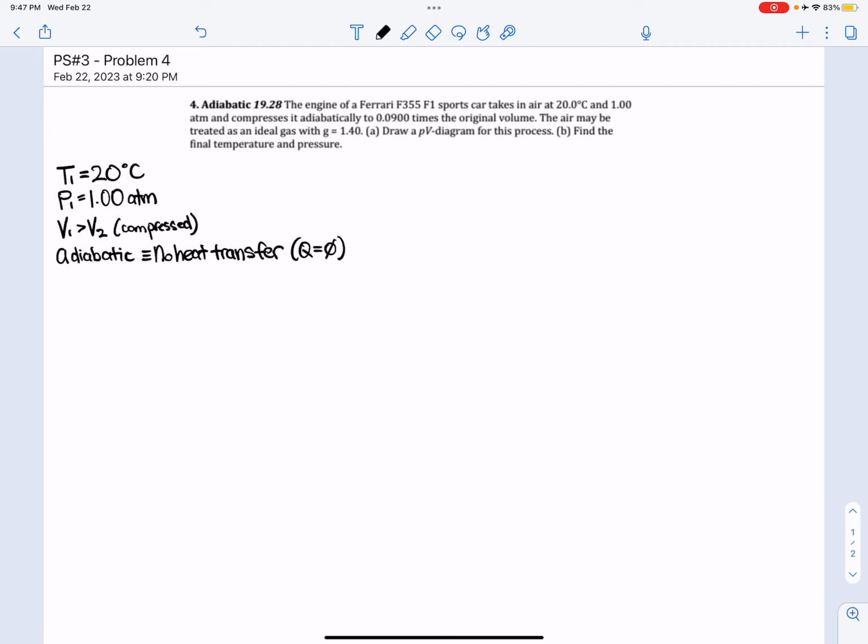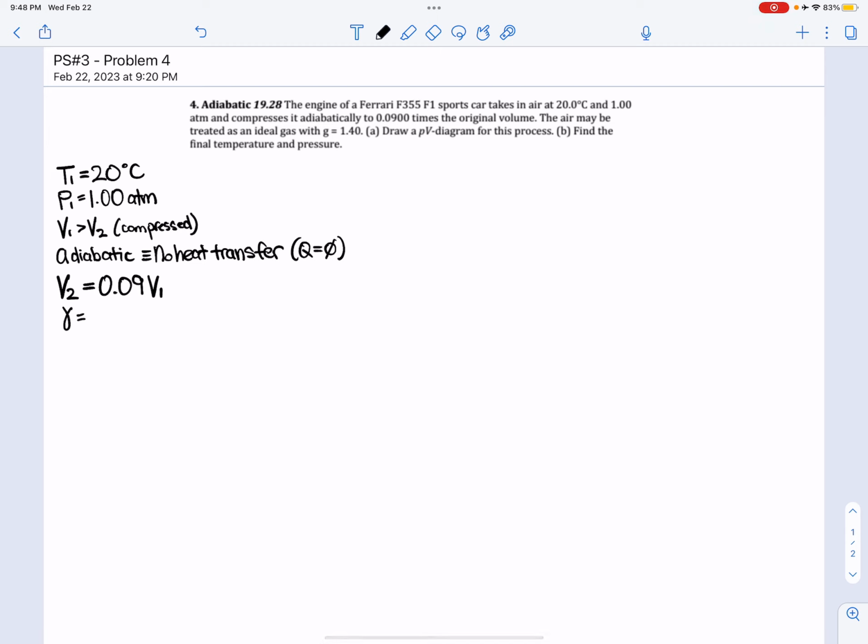And it compresses it adiabatically to 0.09 times the original volume. They don't really give you a specific number for volume, but I know that my V2, my final volume, is 0.09 times my initial volume, or V1. The air may be treated as an ideal gas with gamma equals 1.40.